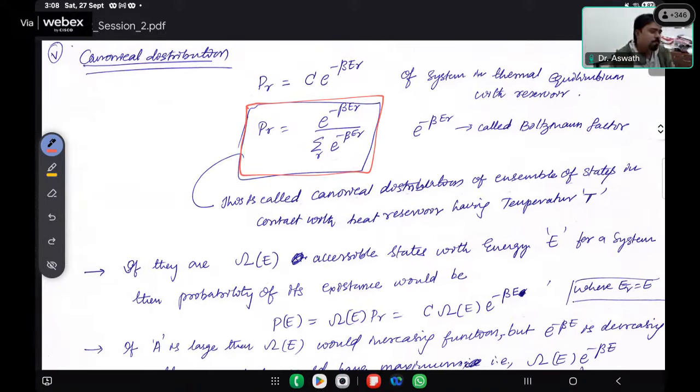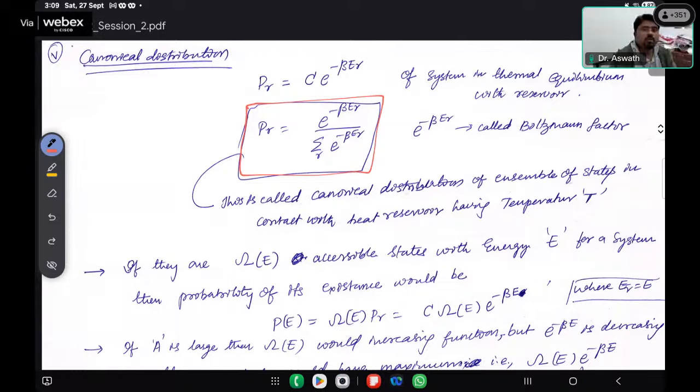It's a powerful equation which describes the system in terms of the probability distribution. This could be used for every case, and then we can derive information about the system. That's why I was saying it is a very, very powerful expression.